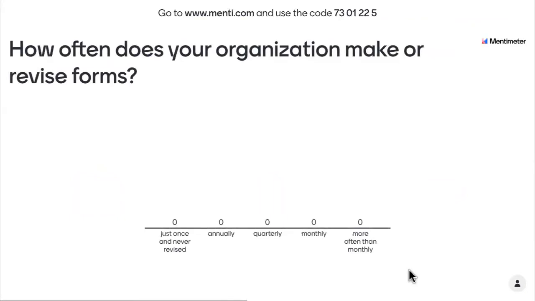Okay, so how often does your organization make or revise forms? So make new forms or revise forms, because the process of revising a form can be almost as complicated as the process of making a new form.